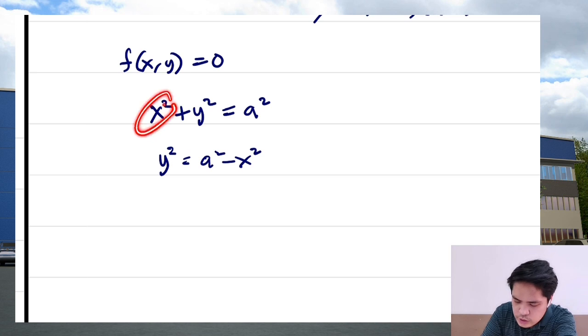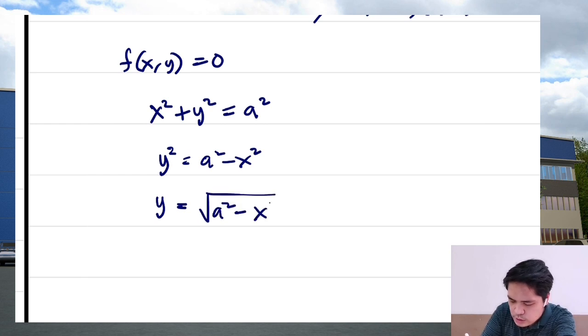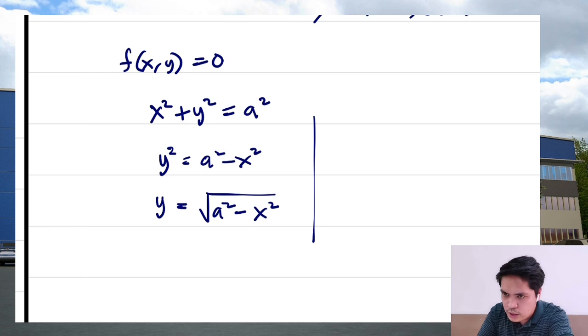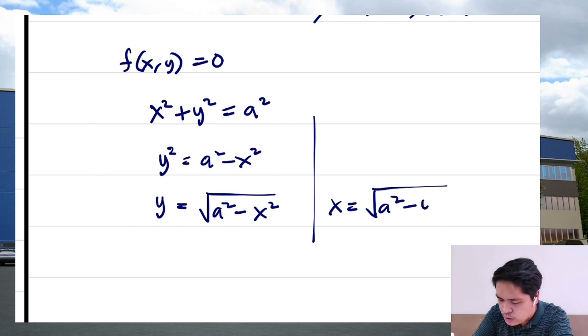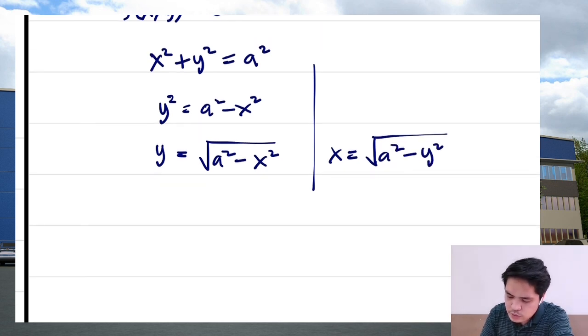I just transposed this to the other side, and we take the root of both sides. We have y is equal to the square root of a squared minus x squared. Or, if x is equal to a function of y, we'll have x equal to the square root of a squared minus y squared. So it's not the same graph anymore.